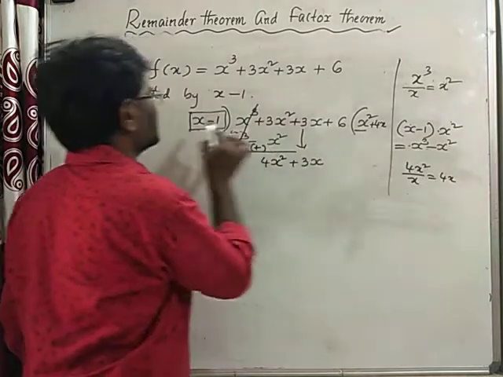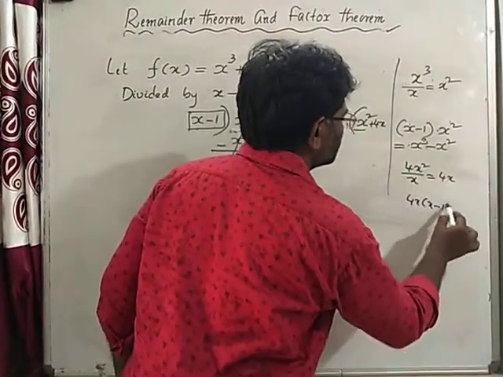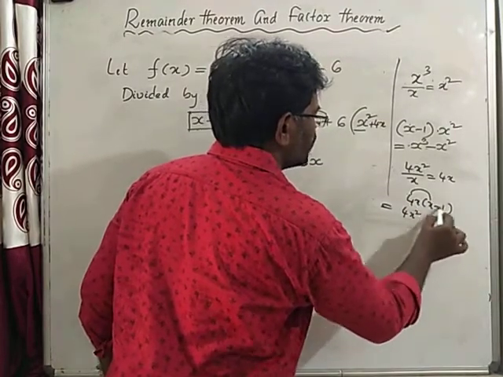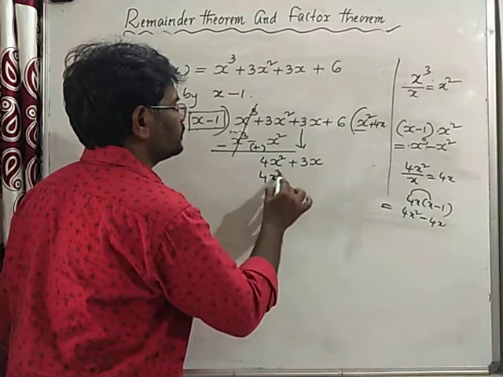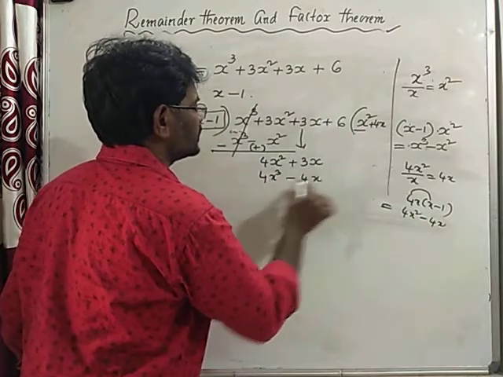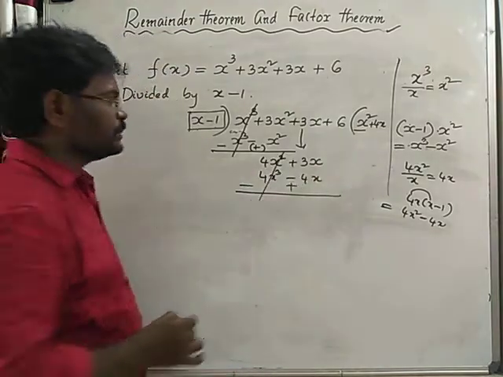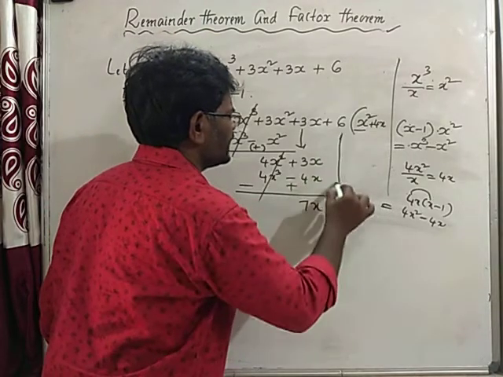So 4x into x minus 1. 4x into x is 4x square, 4x into minus 1 is minus 4x. Then the sign should be changed. 3x plus 4x is 7x. Now we take 6.